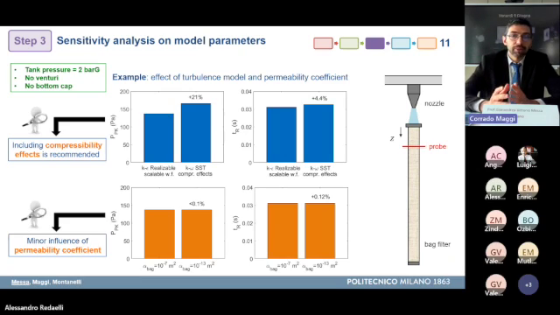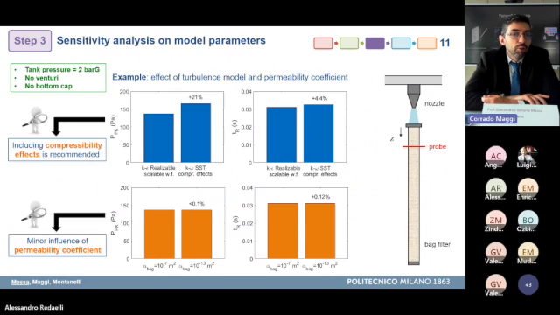The first modeling feature that we analyzed is the turbulence model, and particularly we compared the solution obtained with K epsilon realizable, scalable wall function, and no compressibility effects, with the solution obtained with K omega SST turbulence model, including a compressibility effect. You can see in the blue bar plots that there is a considerable variability in terms of peak pressure and a certain variability in terms of the arrival time.